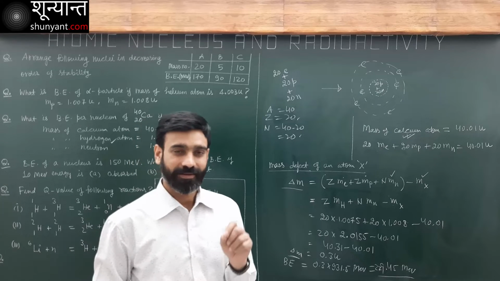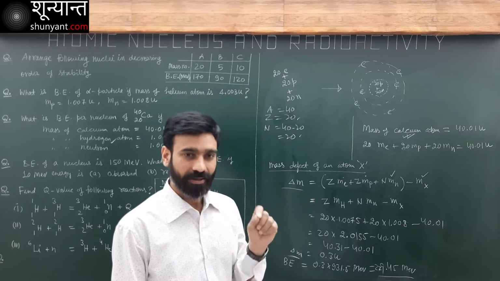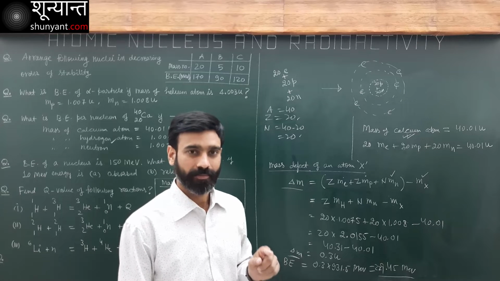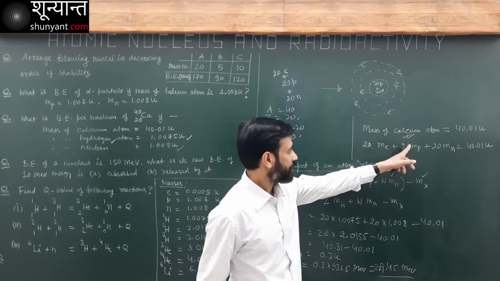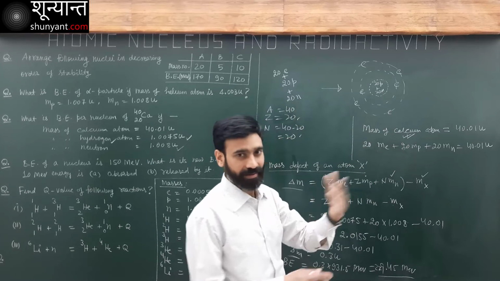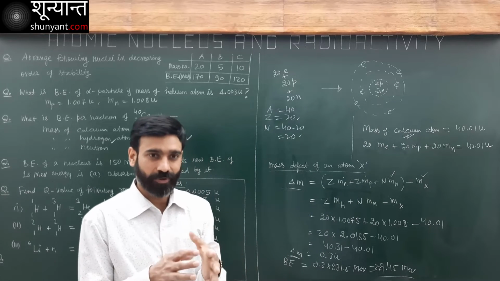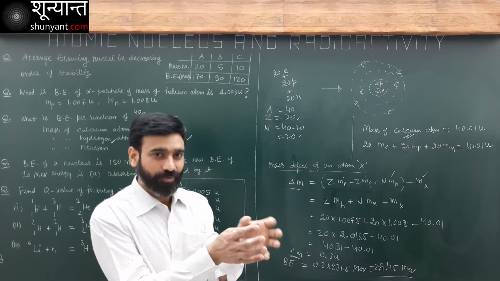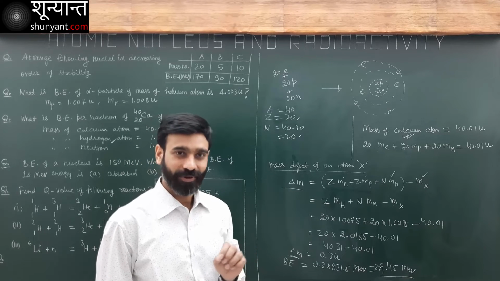But we can make our calculation using the mass of atom also, because the mass of electrons are getting subtracted. So what I am left with will be mass of proton plus neutrons on one side and mass of the nucleus on the other side. I hope that you are not getting confused.